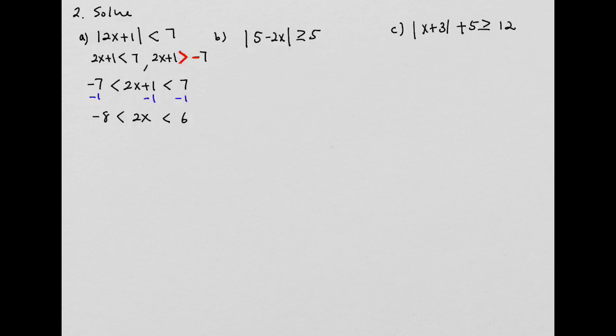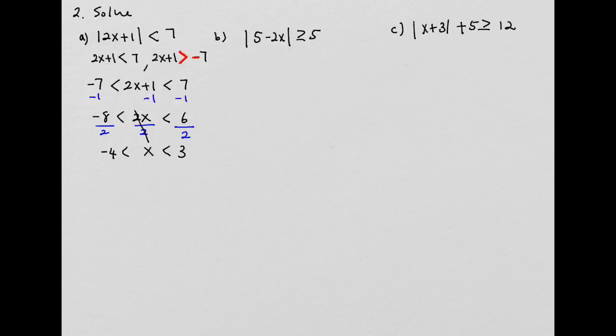Now we're going to divide by 2 to isolate x. And I'm dividing with positive numbers, so my sign will stay the same. In the middle will be now x. And negative 8 divided by 2 is negative 4. 6 divided by 2 is 3.